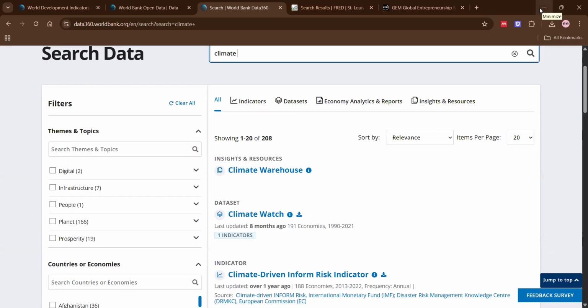We treated Eurostat. Eurostat also has a lot of environmental-related data, so you can also explore it. Google Dataset too is there.